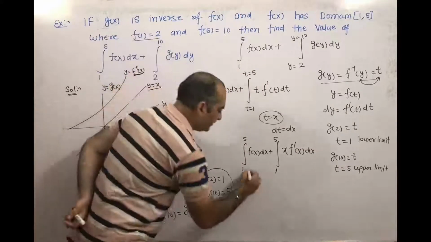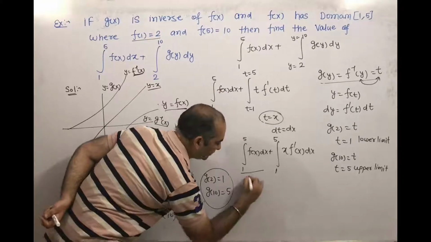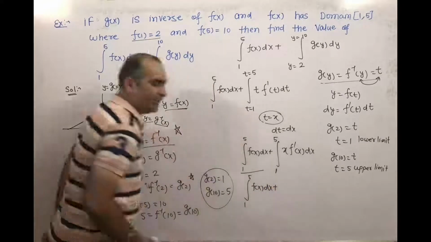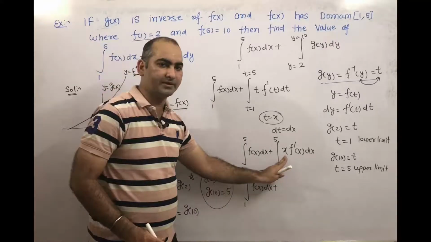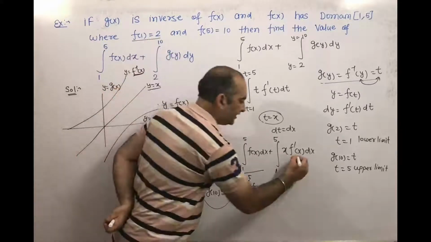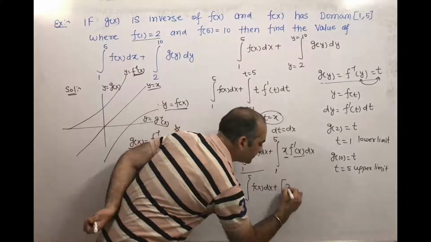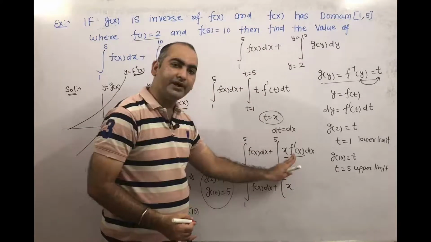So this one we are taking as it is, integration 1 to 5 f(x) dx plus. Here we are applying by parts. So this one we are taking as integrating, this one as differentiating. So x is outside, integration of f dash x we will do.